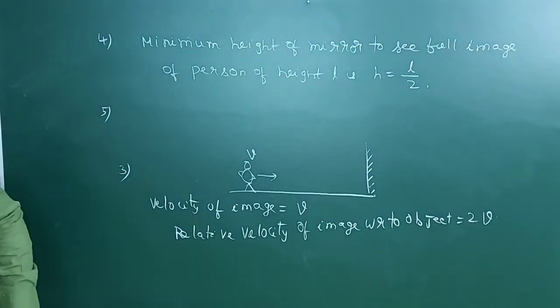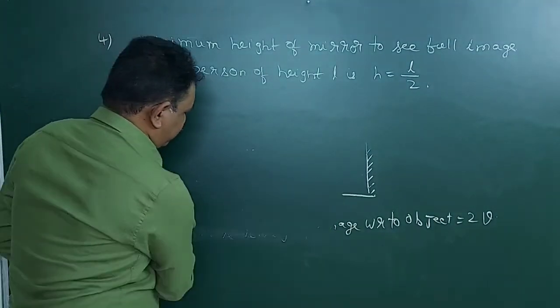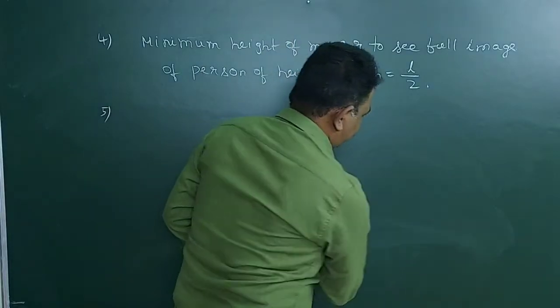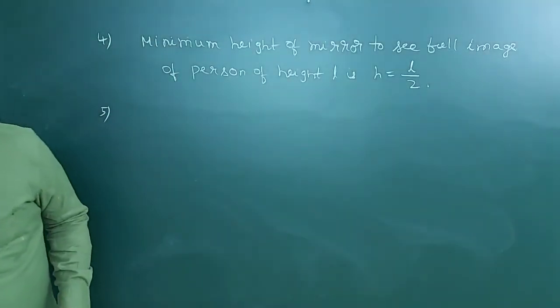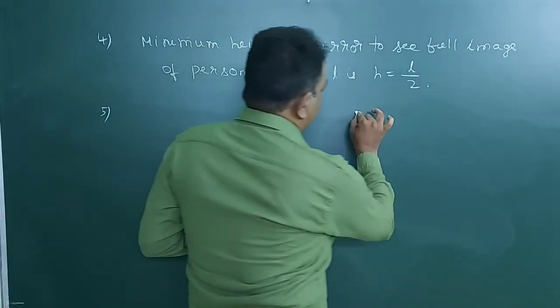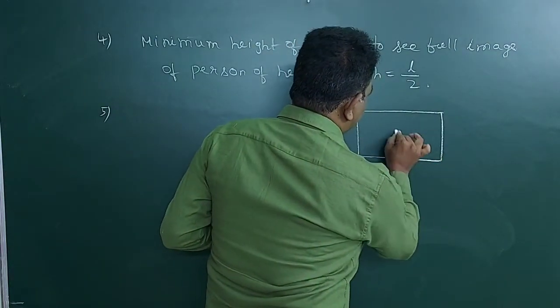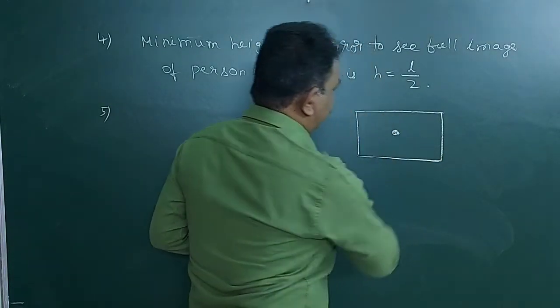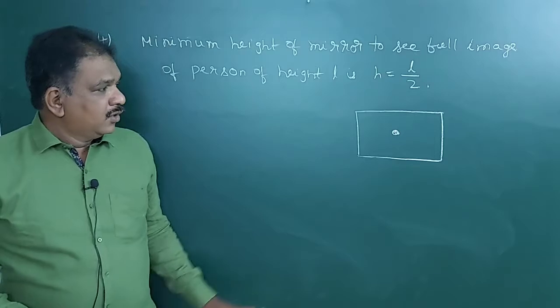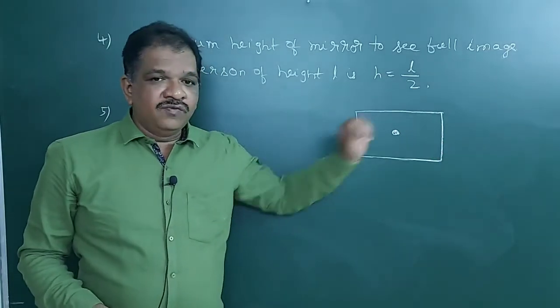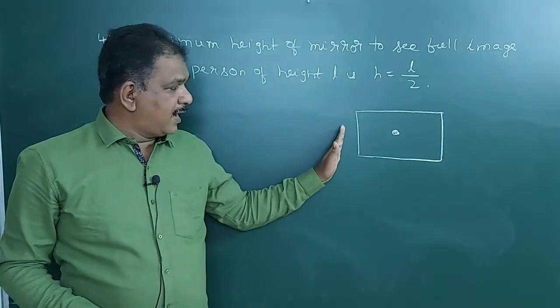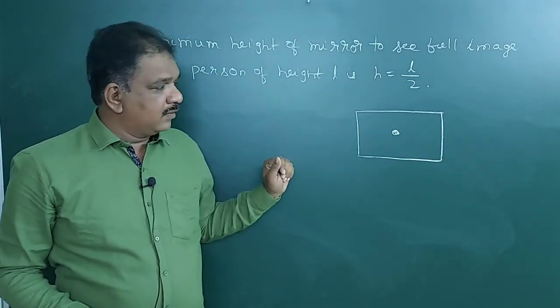For example, another formula will be there. Here, a person is there in a room. This is a room. A person is at the center of the room. In front of him, one wall is there. Back side, one wall is there.